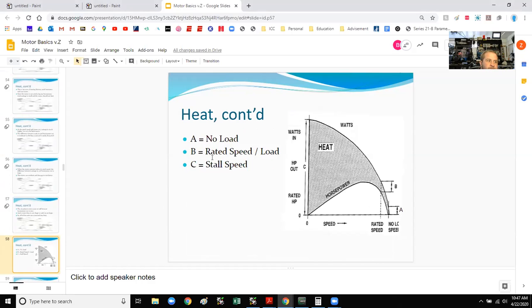Or it's stuck. Stall speed. Stall speed. So does that mean at stalled speed, which is right here at 0, you've got 0 horsepower and the maximum heat.